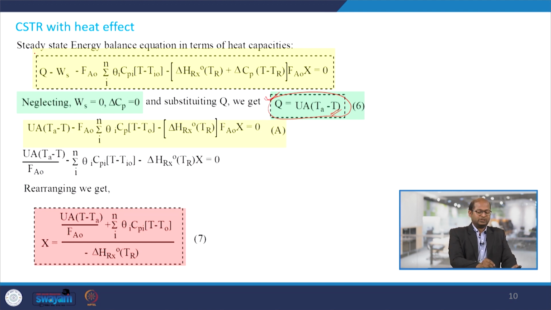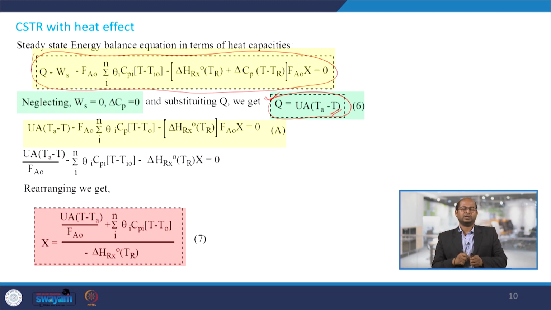So, this is the general energy balance equation from the beginning of the non isothermal reactor design, which we have expressed this way. In this case we have neglected a few terms: the heat capacity change between reactant and product components is 0 and shaft work is 0.